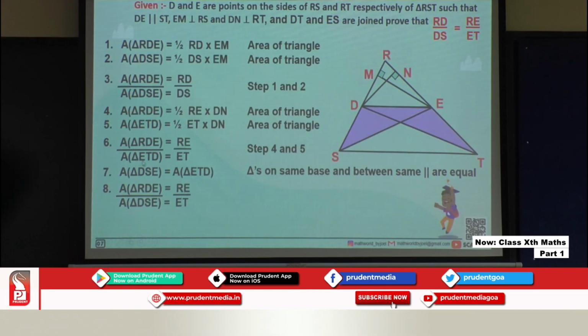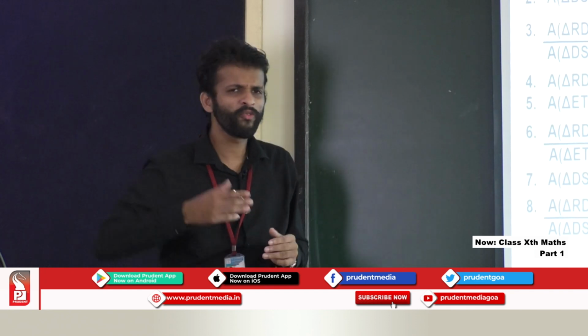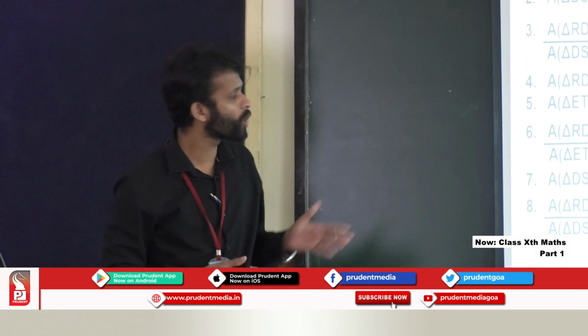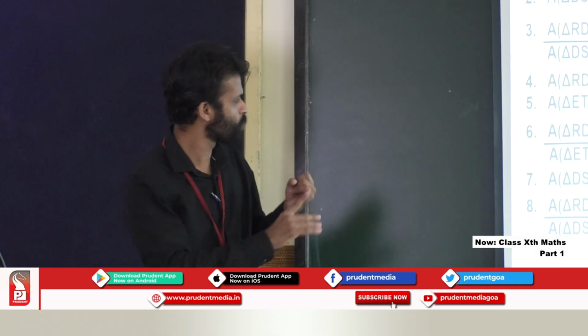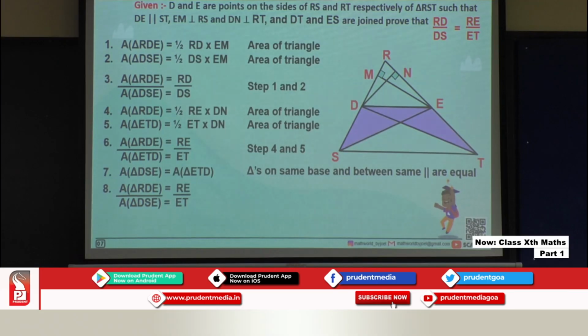So instead of ETD, I will write DSE, and then the entire step number 6 is written back again. All I've done is changed that denominator to DSE because in the previous step it was equal. So which are the steps that I have used to come to this conclusion? I have used step number 6 and step number 7. So based on this, I have come to this conclusion for step number 8.